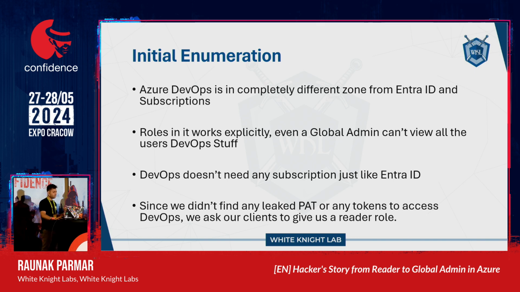Since we didn't find any leaked PAT, and while performing all that testing we didn't find any secrets, apps, or keys with permissions to access DevOps, we had to ask our clients to please give us a basic reader role so we could do further testing.